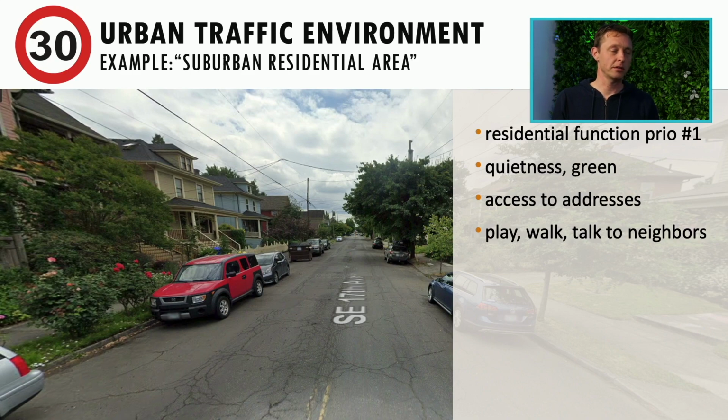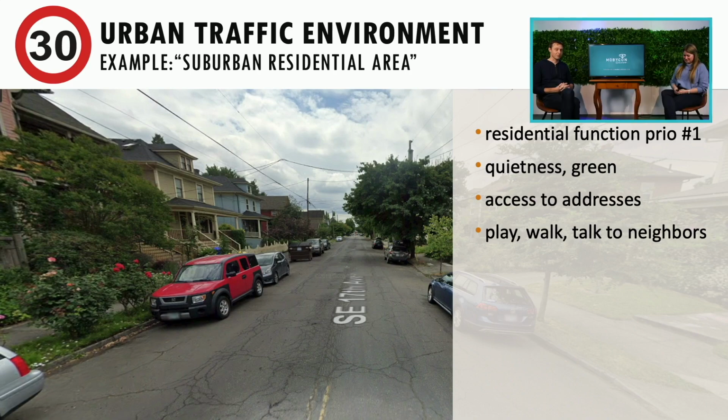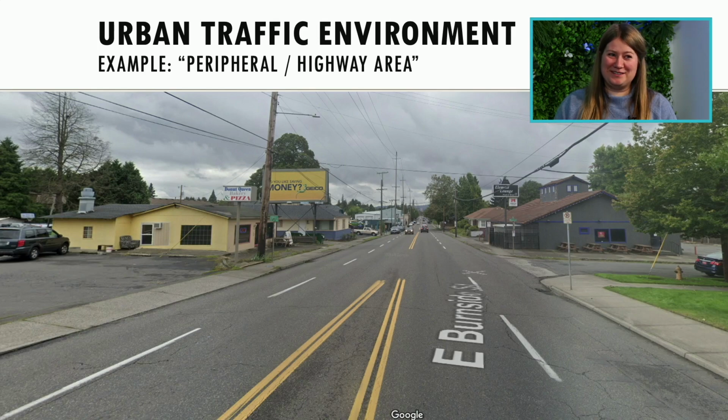For example, more space for pedestrians. This is still quite car or traffic dominated, and that can change in inner city urban areas. So maybe the quietness or the green can be less and it's more urban. Yeah, more pavement, maybe.